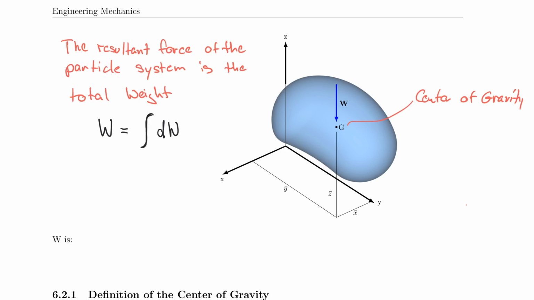And that is a formula that will help us to understand what's going on later on when we further derive this. For now, it's just an observation. So the total weight is the summation of the tiny particles. And that then is passing through G, as you can see here in the picture.